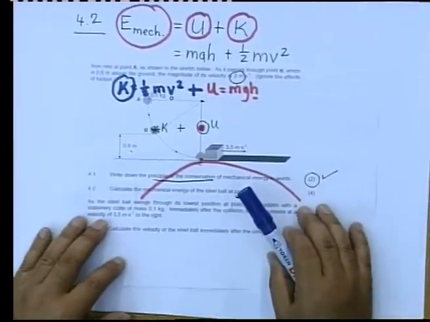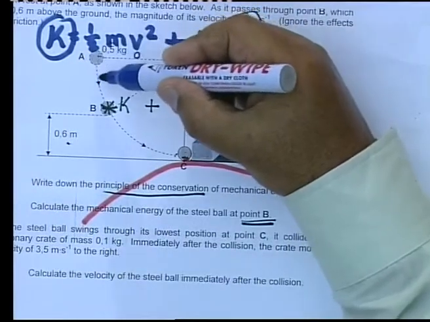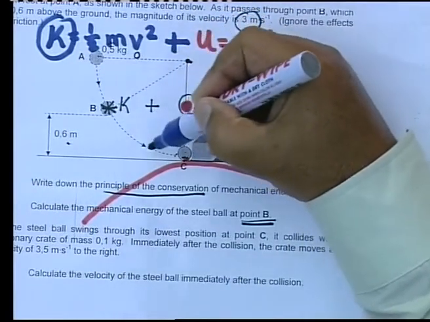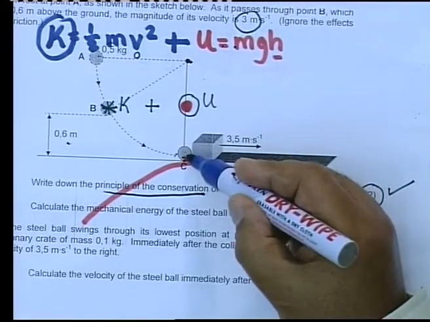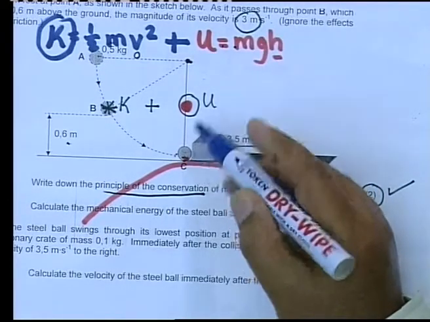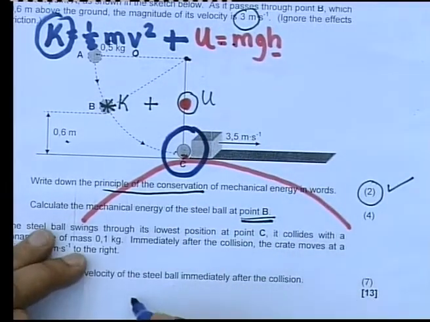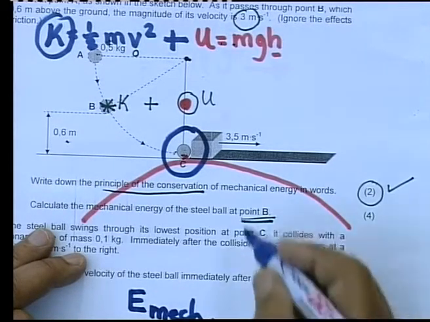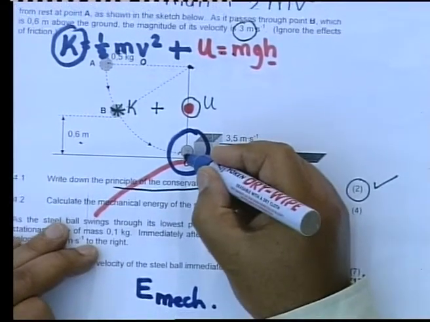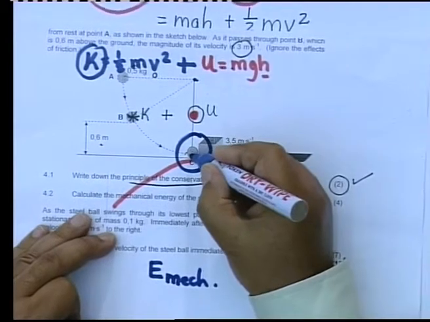Now you would have noticed that the ball came down, right down to the bottom. It has a certain amount of energy, and that energy I call the mechanical energy. And there the velocity, I said to you earlier, is at its highest, the largest velocity you can get.